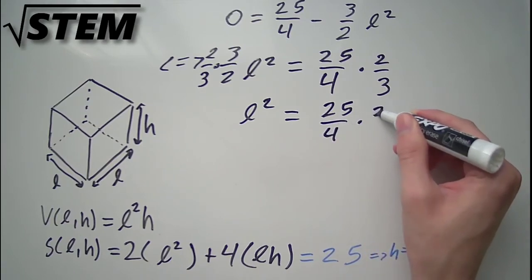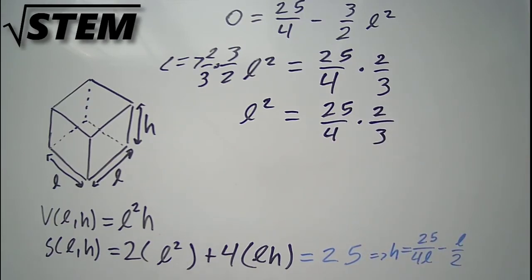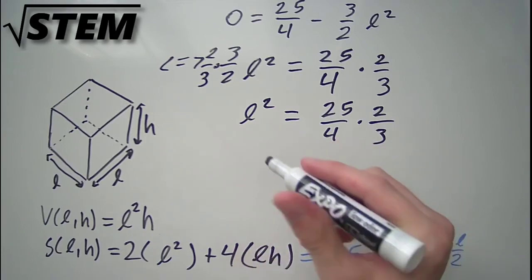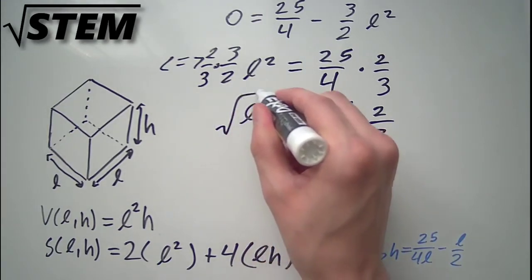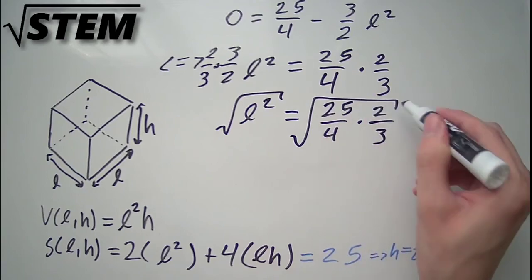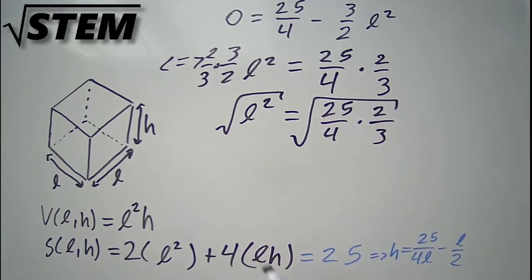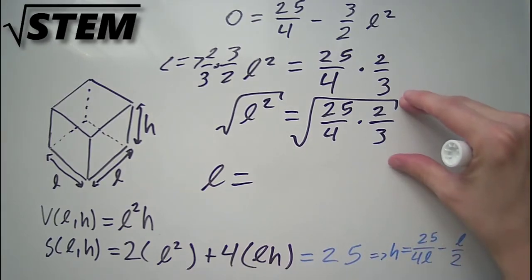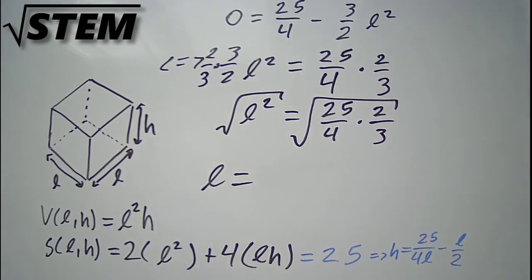We're not going to bother multiplying it out just yet. Finally, to solve for L, we just need to undo this square by taking the square root of both sides.